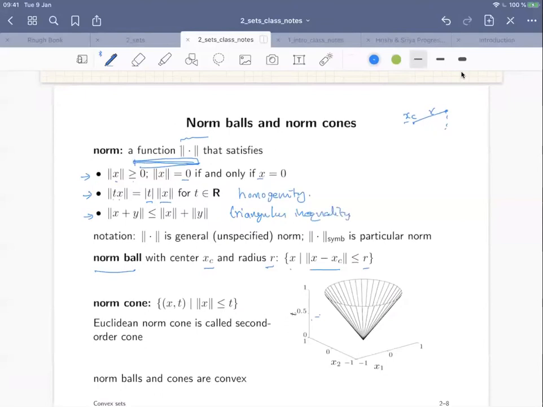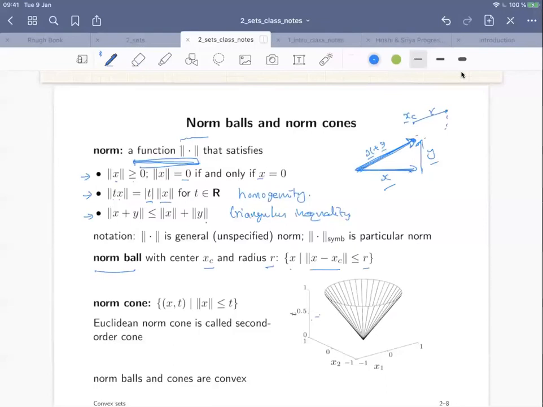For example, if you consider the Euclidean norm, it is easy to verify. Say you are on a ground, you are here and you want to go to this place over here. This vector is x, this vector is y, and this vector is x plus y. Of course you will choose this path, because it is the shortest distance between these two points.